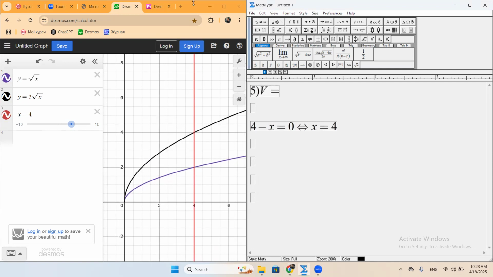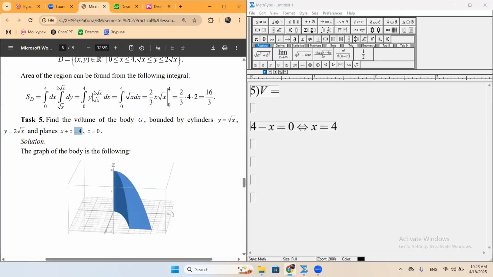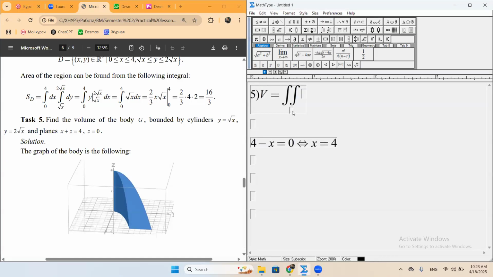So how to calculate the volume? We need to integrate the function that describes the surface that is on the top. So this plane. We need to integrate this function over the projection. So we express z via x: 4 minus x, dx dy.